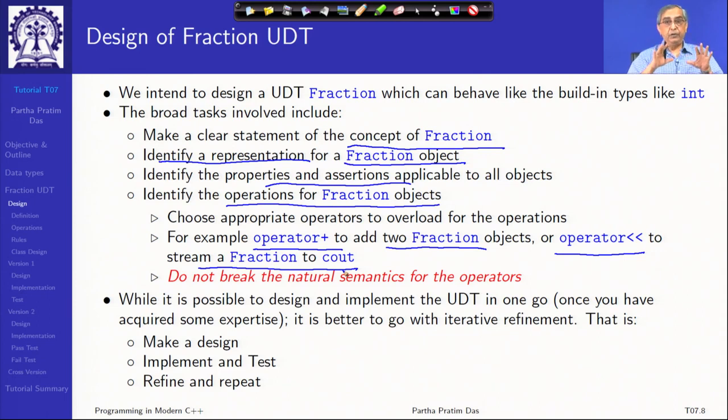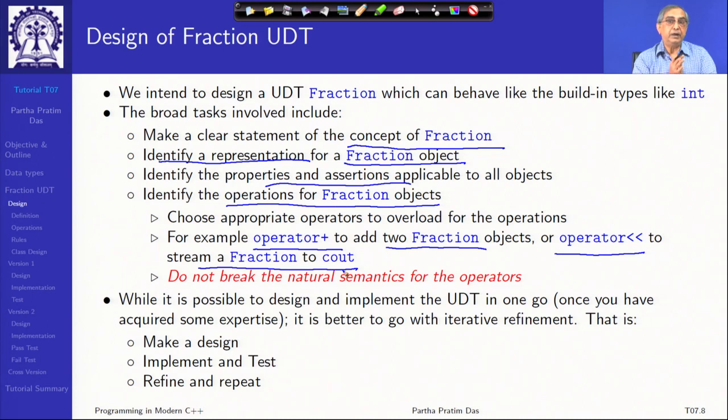But be careful not to break the natural semantics of the operator. What I mean by that, for example, you say operator plus, but actually you are trying to do a multiplication of two fractions. Do not do that, because that breaks the meaning and the overall value of making a UDT is lost, because the whole idea is looking at the operator, the user should be able to identify without any documentation or anything as to what is intended.